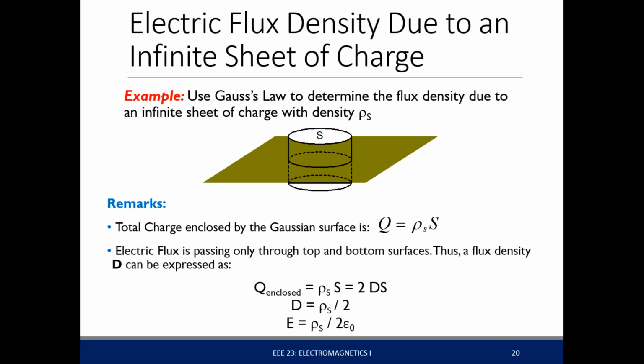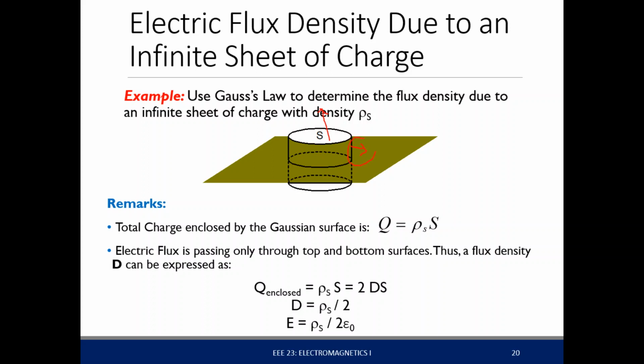Next part is how about the electric flux density due to a sheet of charge with charge density rho sub s. So we assign a Gaussian surface that looks like this. In this case, the electric field is normal to the top instead of the sides.